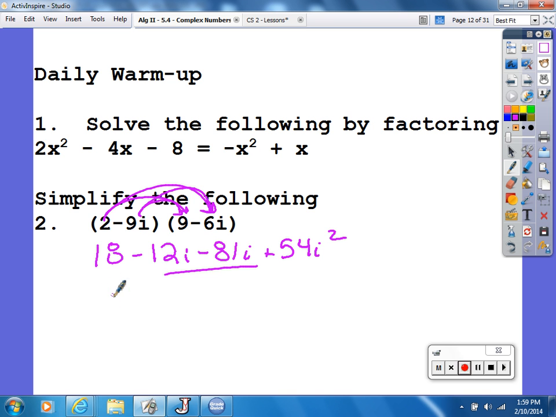So I get 18 minus 93i. Positive 54i squared is what number? Negative 54. I squared is the same thing as negative 1. So now 18 minus 54 gives me negative 36 minus 93i.